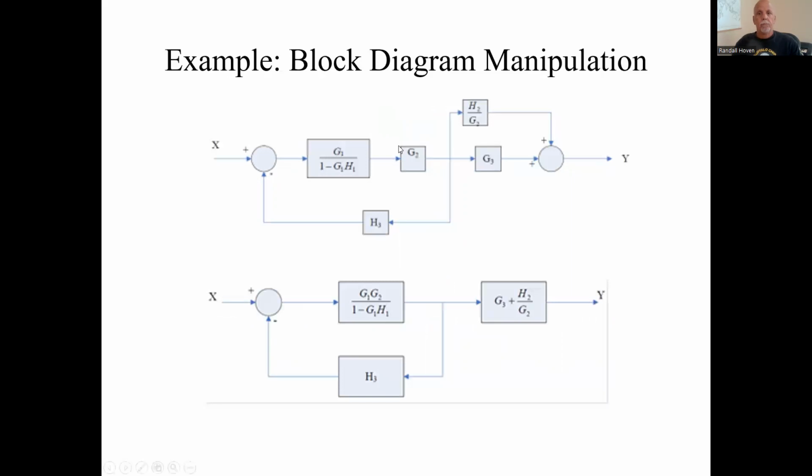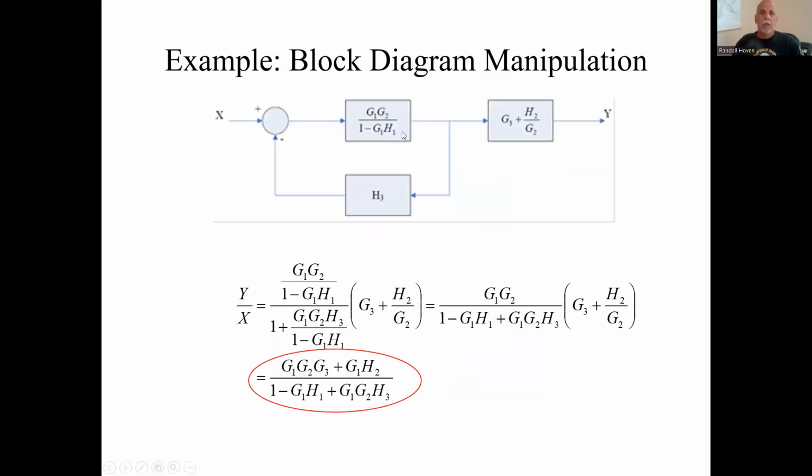Here's where we left off. Here are two gains in series, so they just multiply. Here are two gains in parallel, so they just add. And that's all we did there. We're almost done. Here's where we left off. And here we have another inner loop, this time with a negative sign.